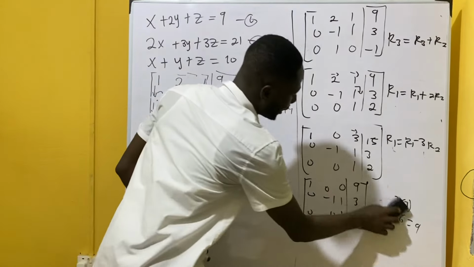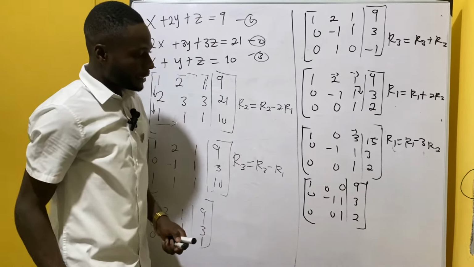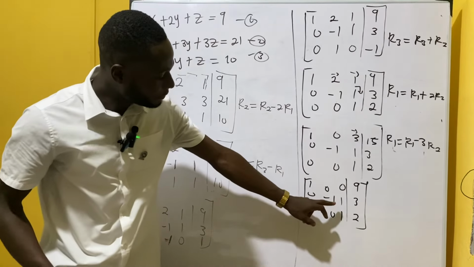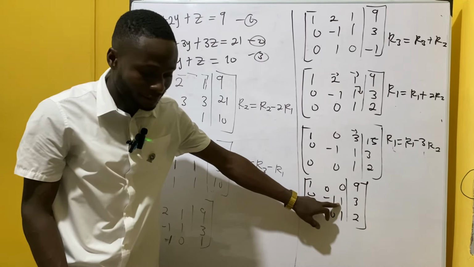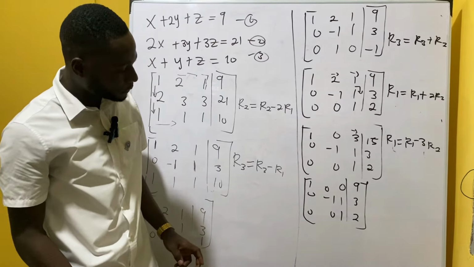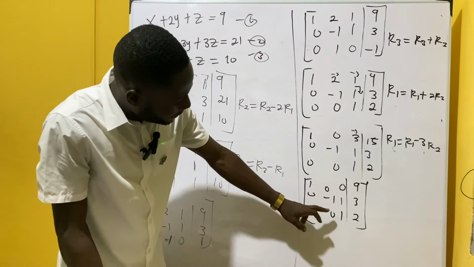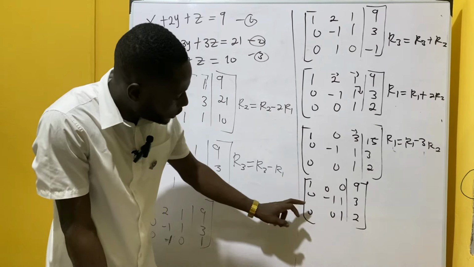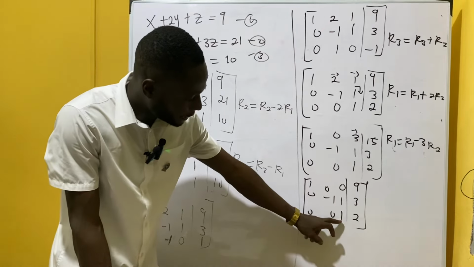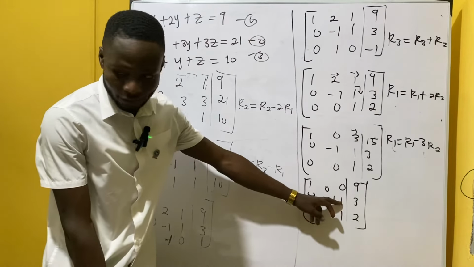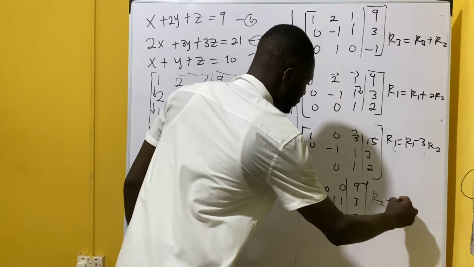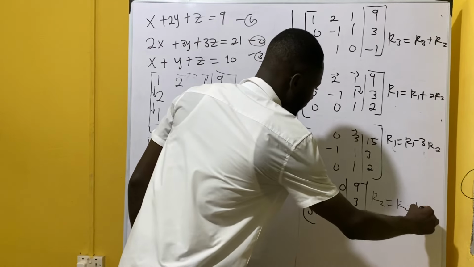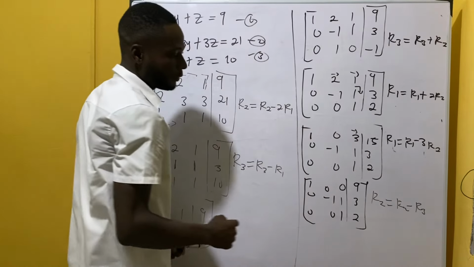So we are left with the last element to eliminate, right? So we have to eliminate this number right here, right? So what do we do? We can say that this row, which is row 2 minus row 3, will give us 0, right? So we have row 2 should be equal to row 2 minus row 3, right?